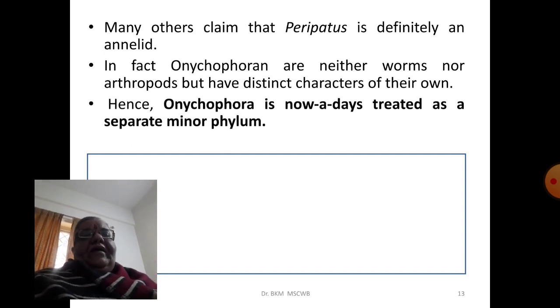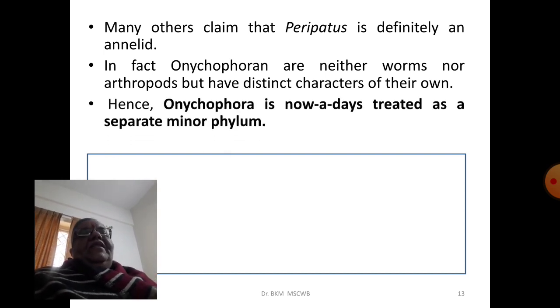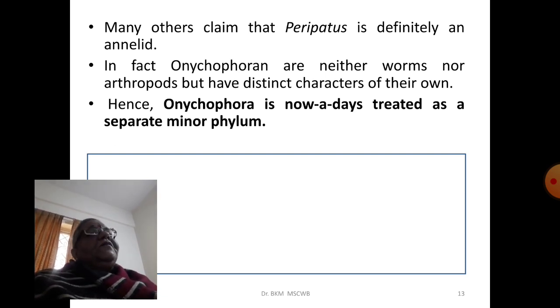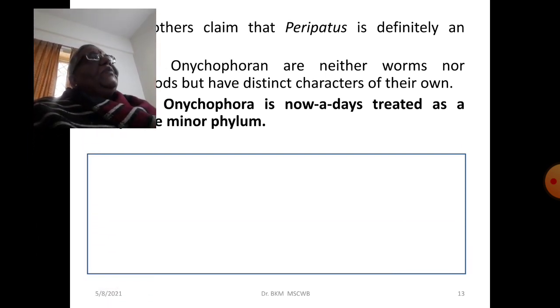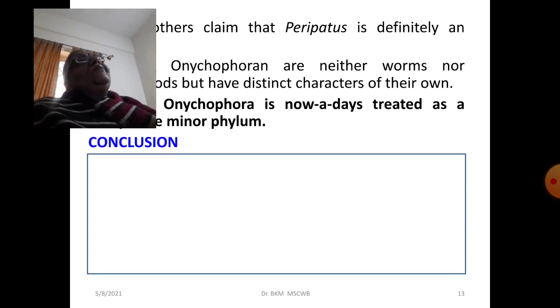Hence, nowadays, Onychophora is treated as a separate minor phylum. Alright? Why minor? Because there are hardly 70 species in this phylum.